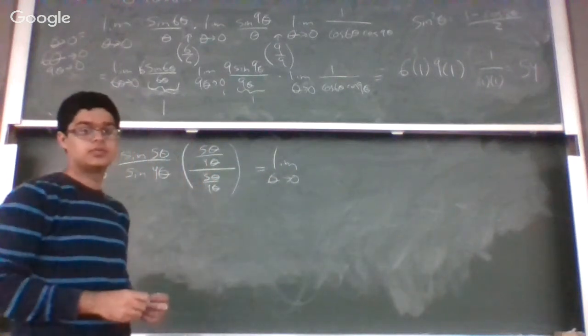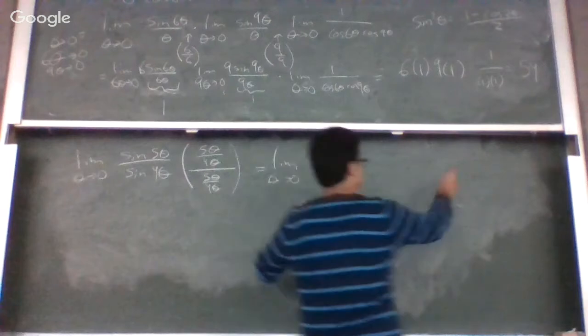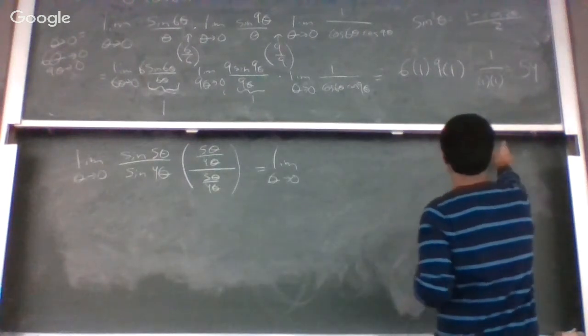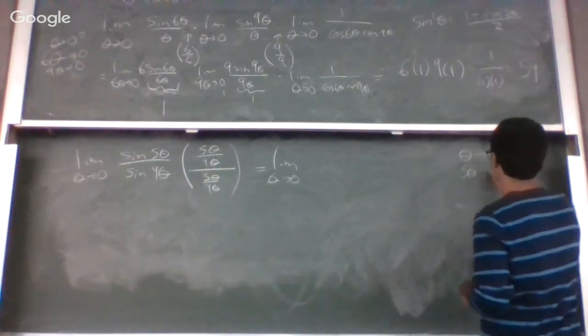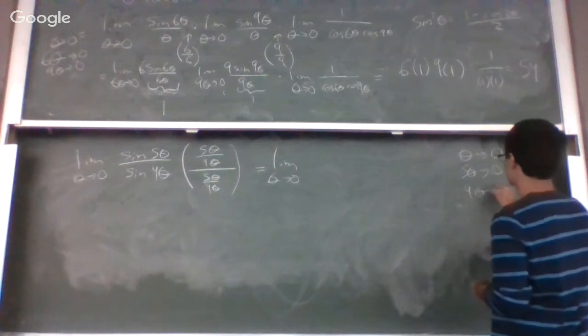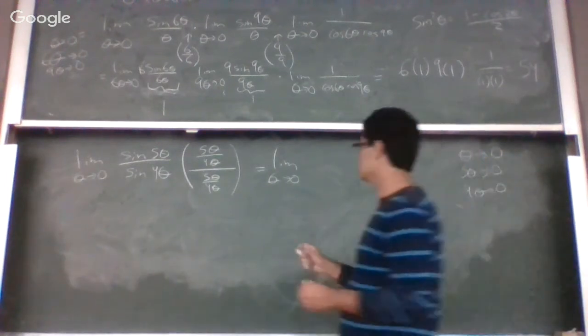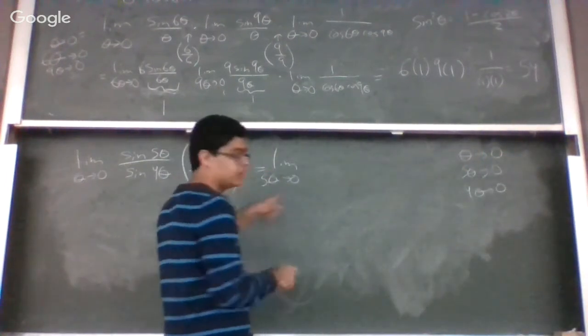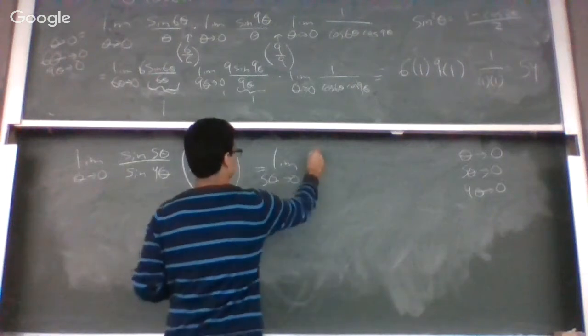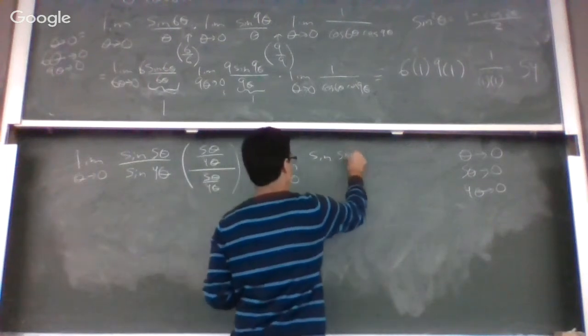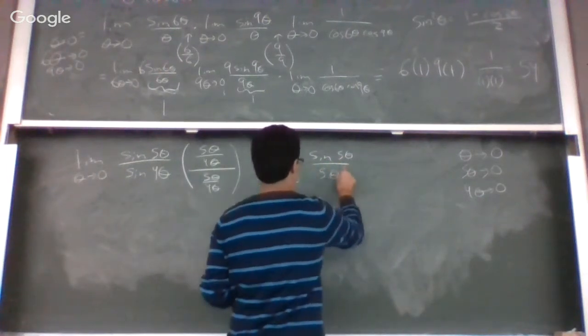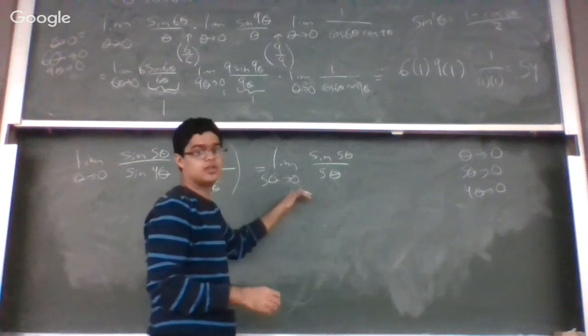Let's take the limit. So then we need to show as theta approaches 0, 5 theta approaches 0, and 4 theta approaches 0. Okay? So then we can just do as 5 theta approaches 0, sine of 5 theta over 5 theta. We show that.